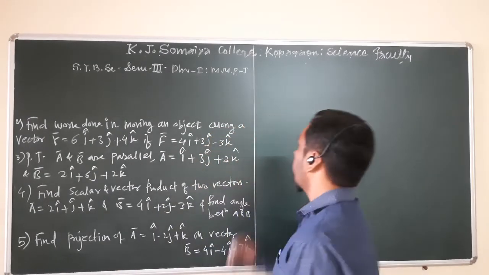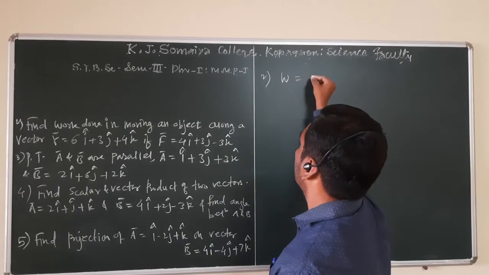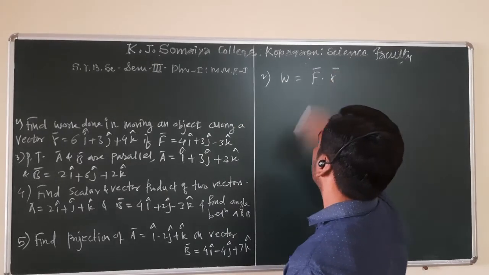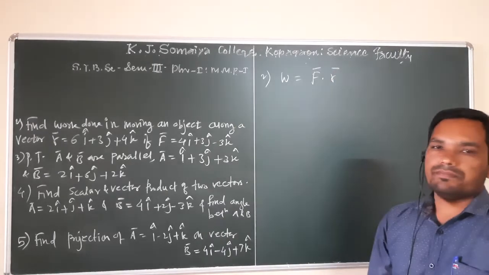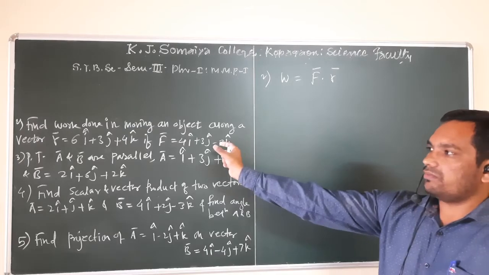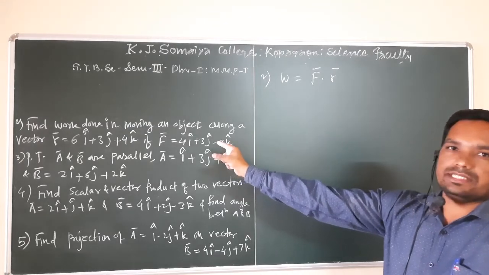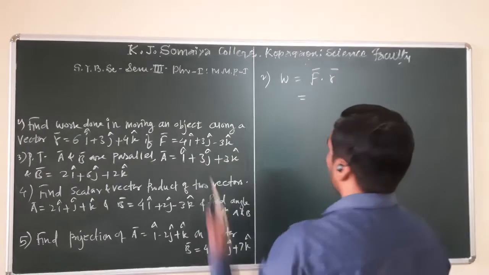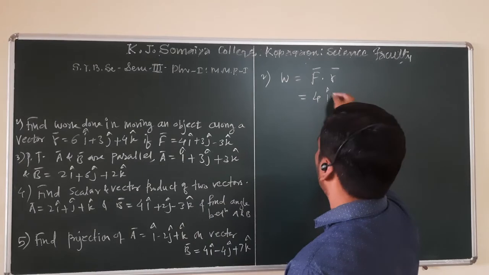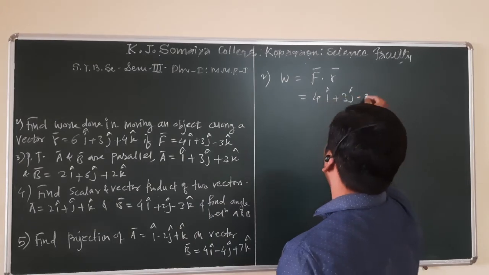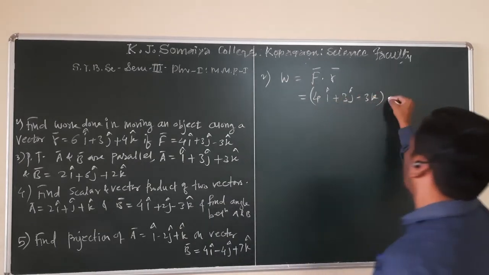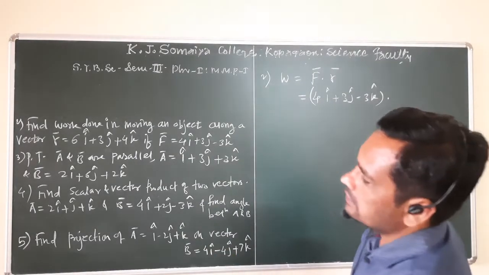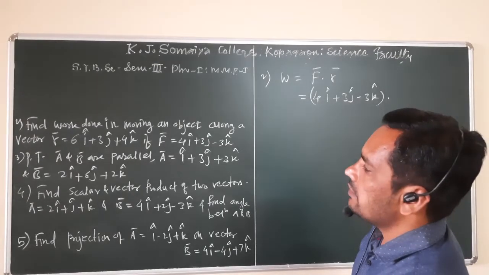Now we know that work done is a scalar quantity which is nothing but the dot product of force and displacement. So we have to take the dot product of this vector F, which is the applied force, and the displacement. So this is equal to the force vector 4i plus 3j minus 3k dotted with the vector r, which is 6i plus 3j plus 4k.